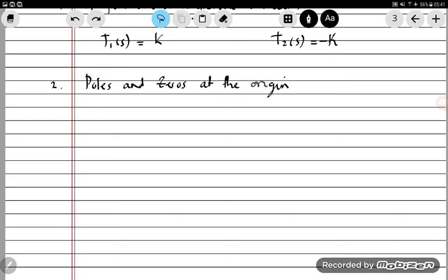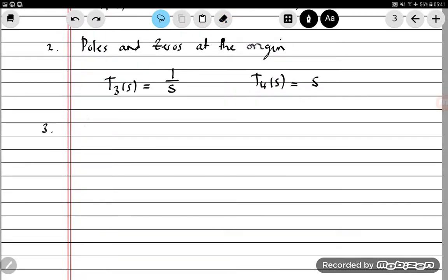Let's call the pole T3 of S equals 1 over S, that's a pole at the origin, and T4 of S equals S. That's a 0 at the origin.